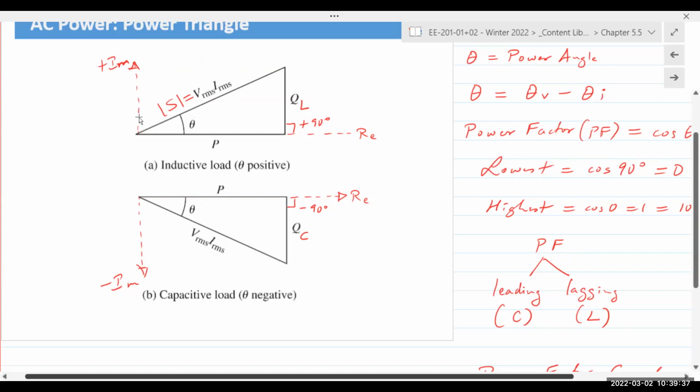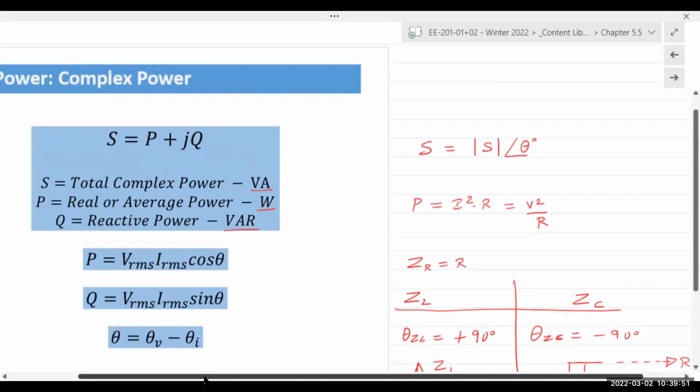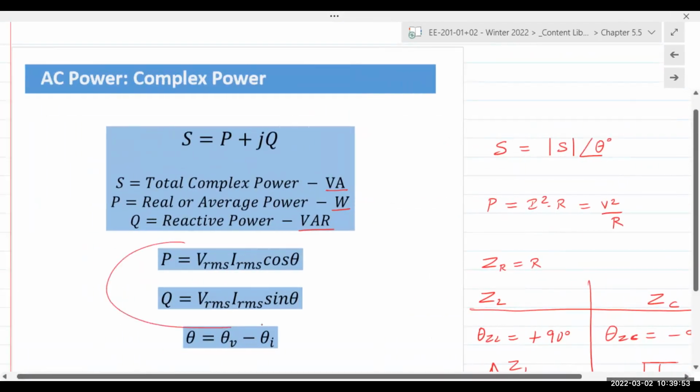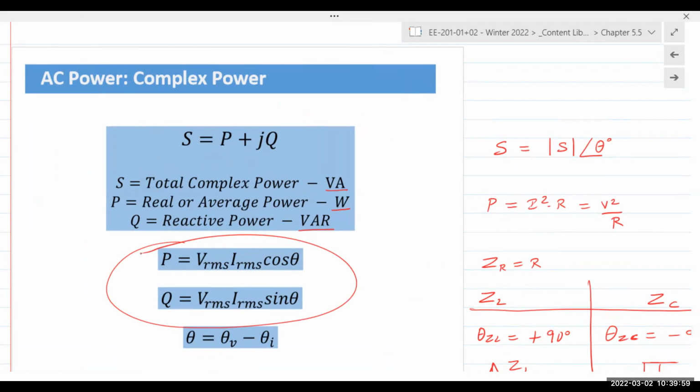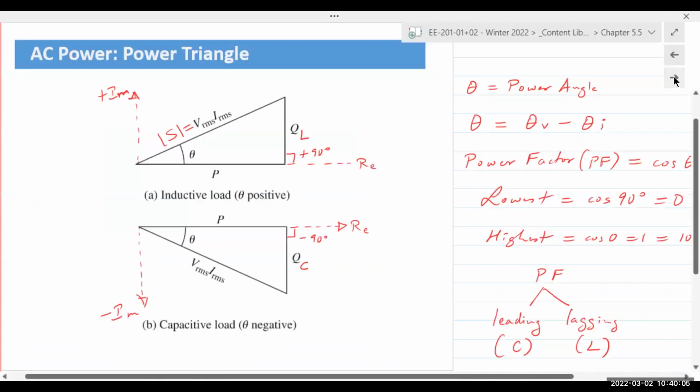So from this right angle triangle, from this graphical representation, we can write these equations. P is equal to V RMS I RMS cosine of theta, and Q would be sine theta, right? It's the two sides of a right angle triangle.